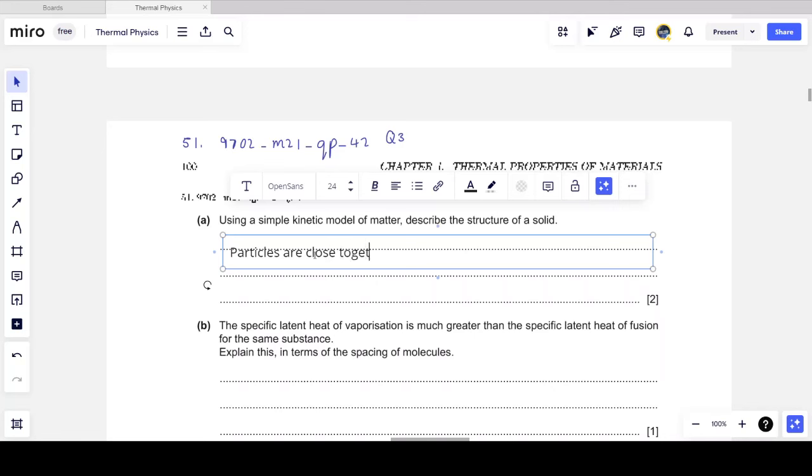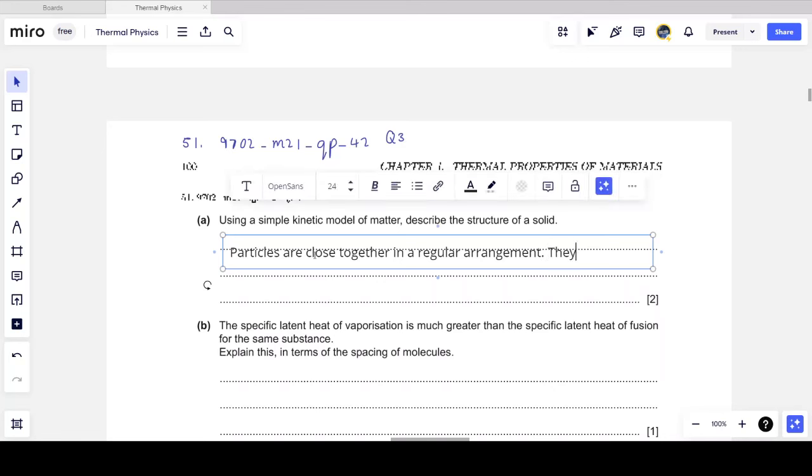And we have to think about what the particles do when they're very close together. Well, they are firstly in a regular arrangement. So if I look at a solid, then I should see many particles arranged in very similar ways. They don't need to be arranged like a crystal does, but they still will have a regular arrangement.